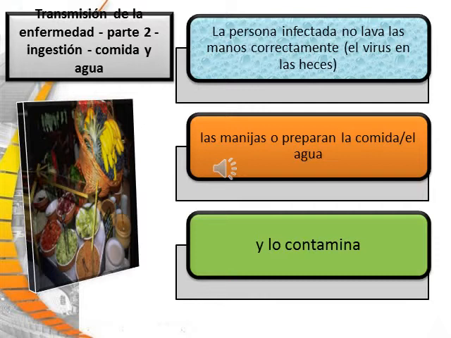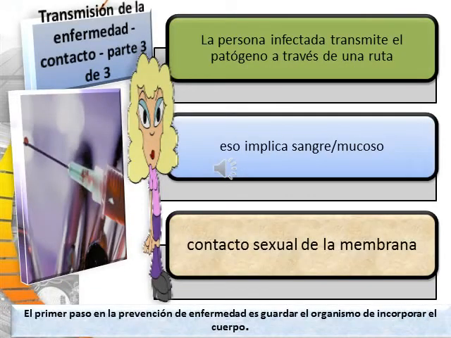Transmittal of disease, Part 2. An infected person doesn't wash their hands properly, handles or prepares food and water, and contaminates it. Transmittal of disease, Part 3. An infected person transmits pathogens through a route that involves blood or mucous membrane or perhaps sexual contact.